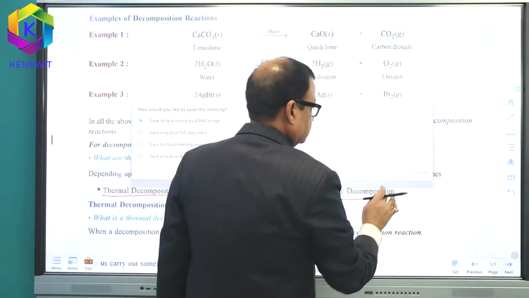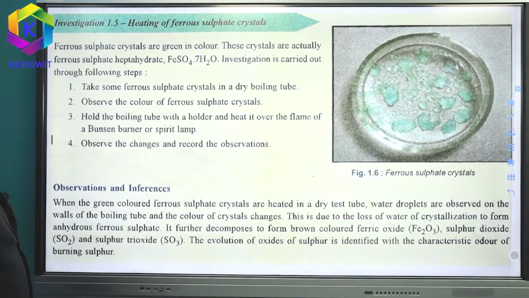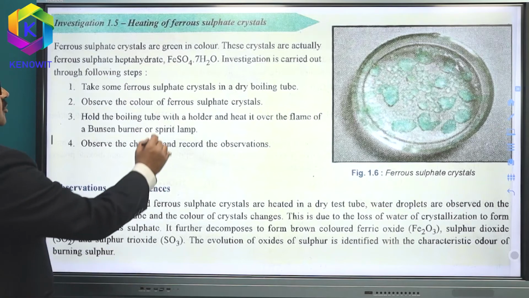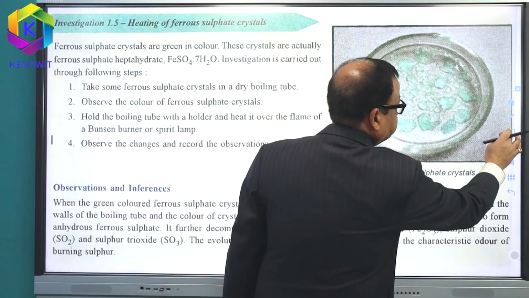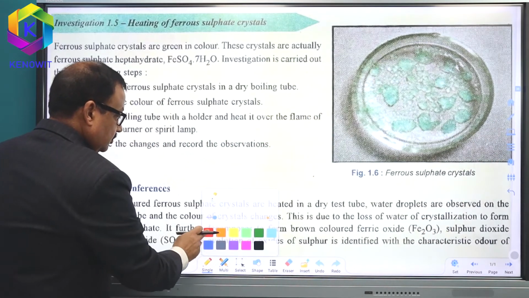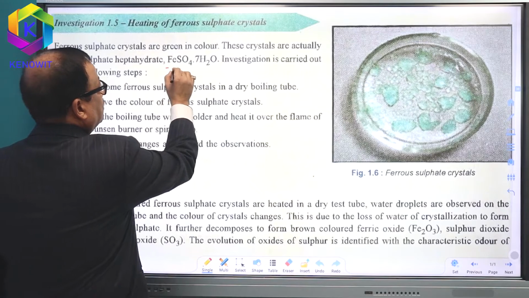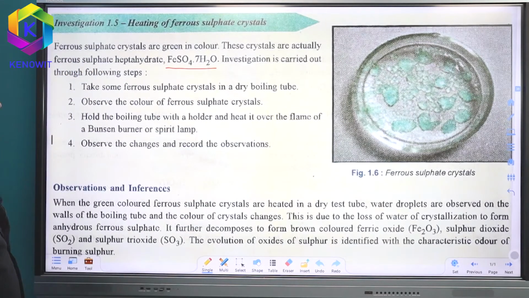Then, heating of ferrous sulfate. This is a very important reaction. Ferrous sulfate is basically FeSO4 dot 7H2O, also known as hydrated ferrous sulfate.